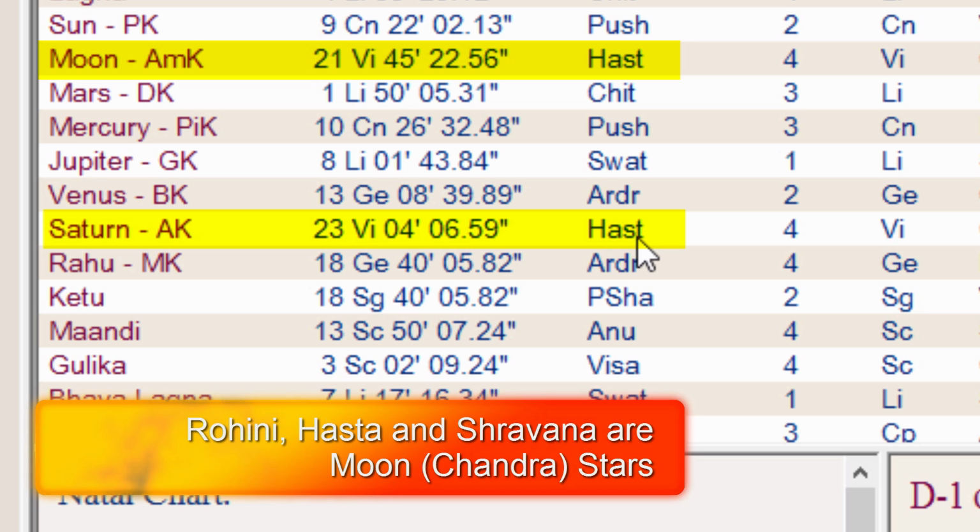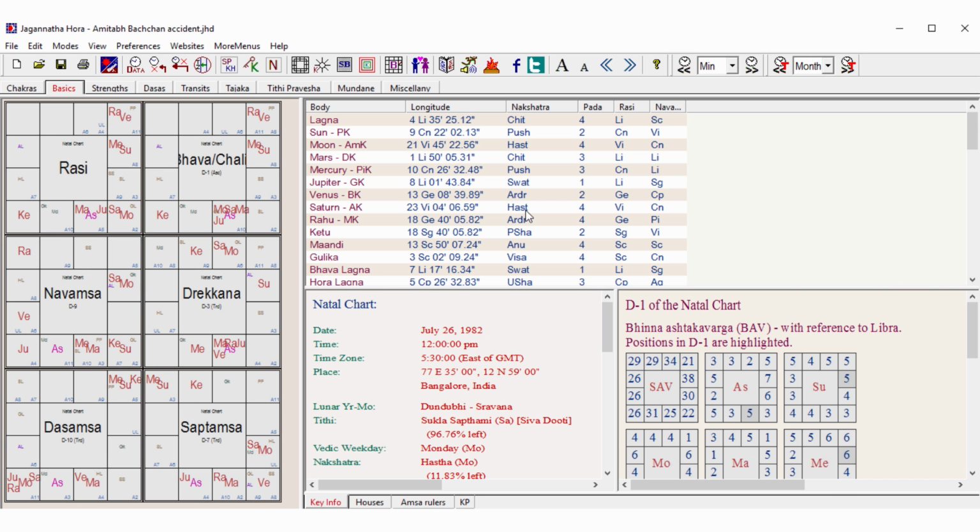And now if you recall that the accident happened in Saturn Dasha and the moon Bhukti, everything looks very clear. You get better results by using the transit of planets with regard to the ascendant. You get more specific results than if you use it with reference to the moon sign.